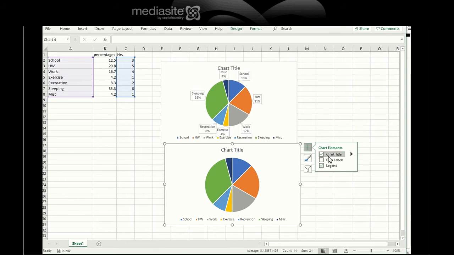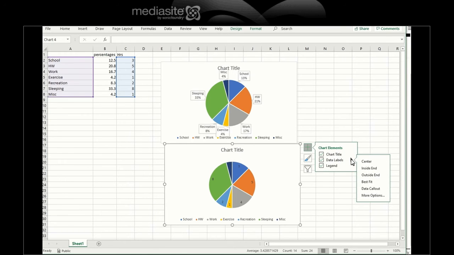Style. Yeah, you got the same chart. So we could have done it with hours also. Note it also kind of rounded the percentages to the nearest whole. So here's our pie chart.